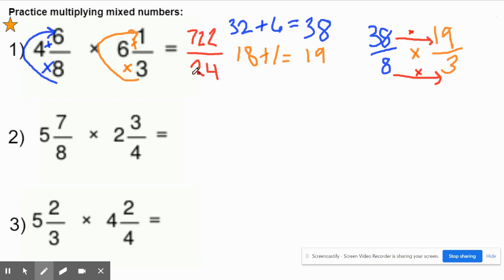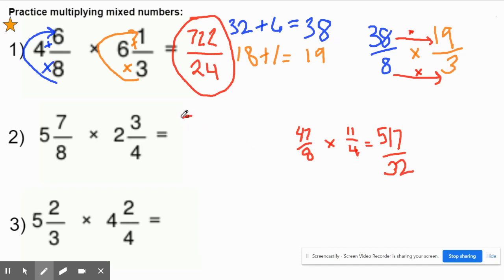722 over 24. Now, yes, there is a way to simplify this to make it a fraction with a mixed number. But for the test tomorrow, all you have to remember is to multiply across. Try and see if you can do these answers, and I'll tell you the answer to them.